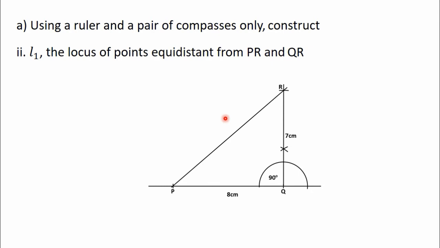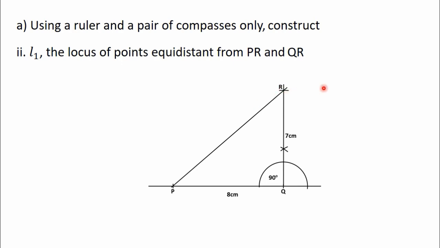So here, to get the locus of points equidistant from the line PR and the line QR, we will have to bisect the angle formed between them. The angle formed between them is at point R. So it means that to get the locus, we are going to bisect the angle formed at point R.